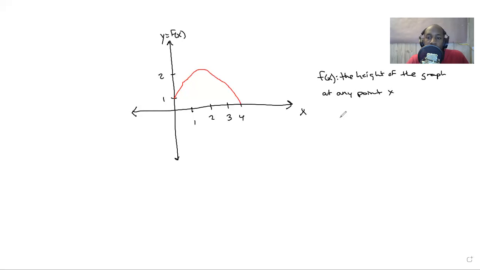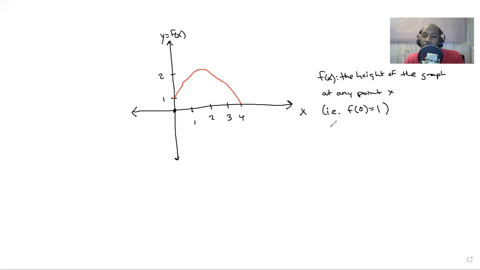So for example, the value of f of x when x is equal to 0, which is right here at the origin, f of x is equal to 1. So we would say f of 0 is equal to 1. We just plugged in a 0 for x. So f of 0, when x is equal to 0, is equal to 1.